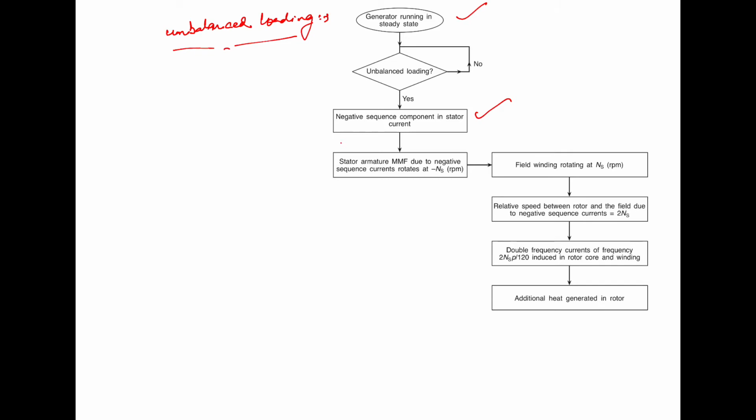Whenever unbalanced loading is there, in that case the negative sequence component is there in the stator, and the stator field due to this negative sequence component rotates in the opposite direction. It rotates at synchronous speed, but in the direction opposite to the field structure on the rotor.